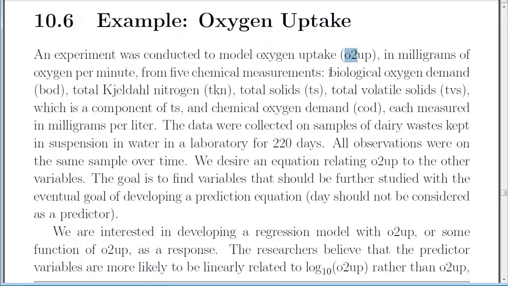These are the biological oxygen demand, the total Kjeldahl nitrogen maybe, the total solids, total volatile solids, which is a component of TS, and the chemical oxygen demand, COD. Each is measured in milligrams per liter.